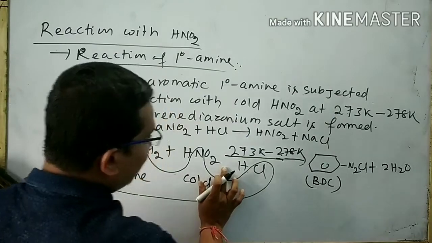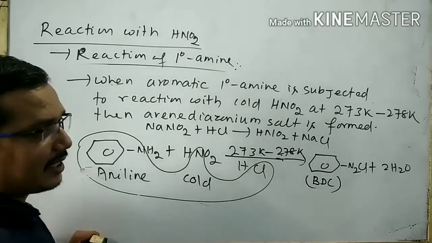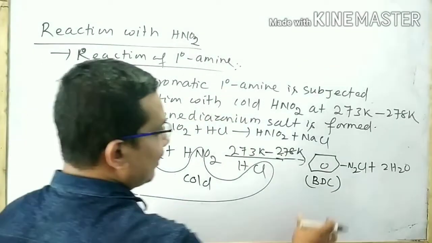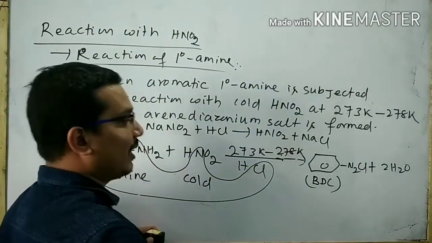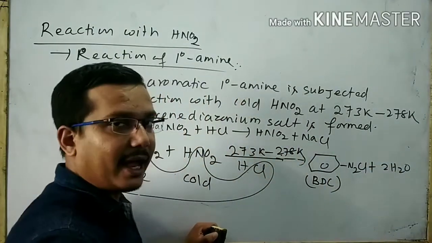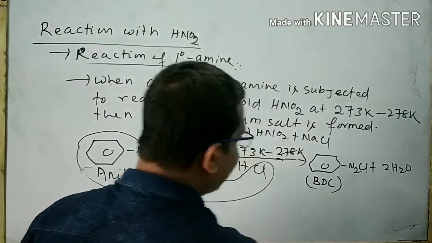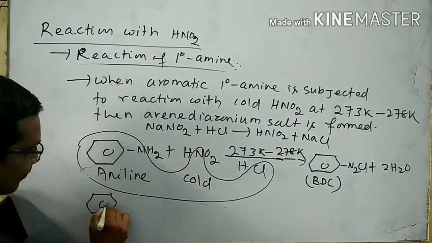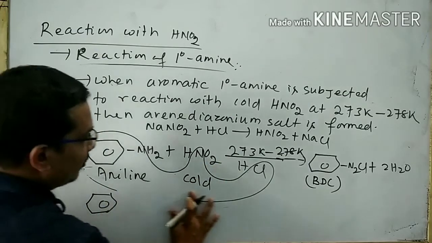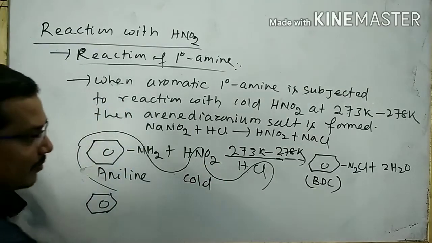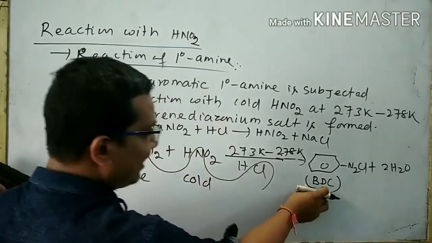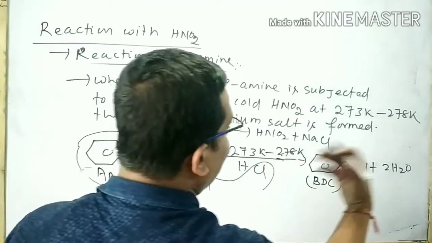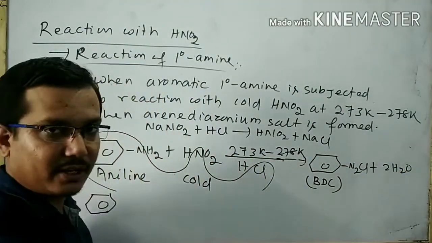When this reaction is subjected to above 278 Kelvin, then what will happen? The BDC can react with water molecules at above 278 Kelvin and it produces phenol. That means when this reaction is subjected to above 278 Kelvin, we will not find the BDC, because the BDC reacts with the byproduct water and converts into phenol.